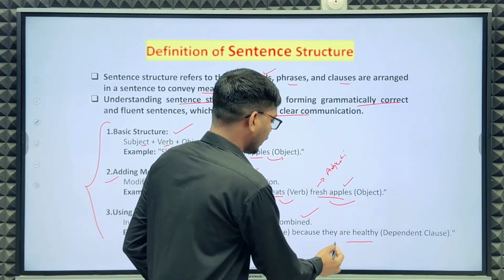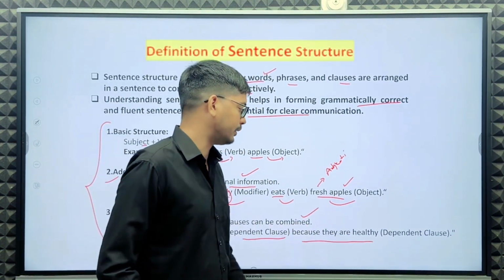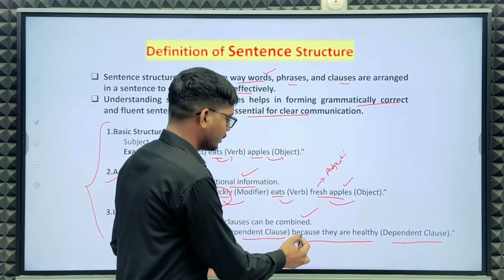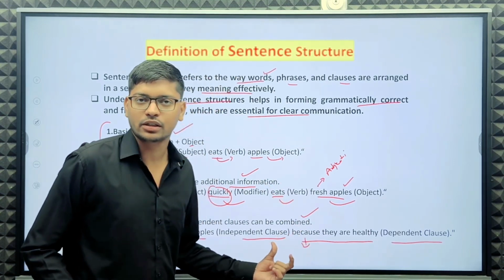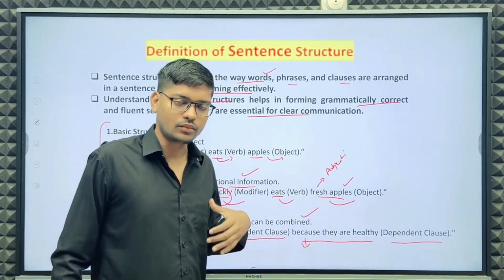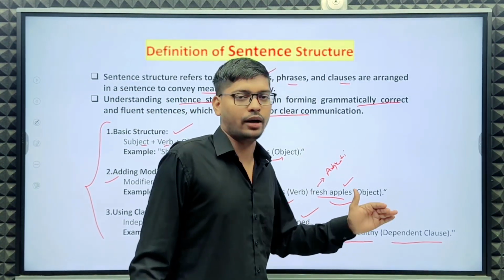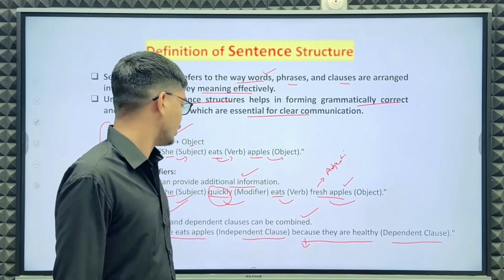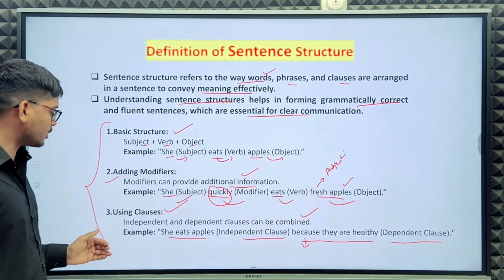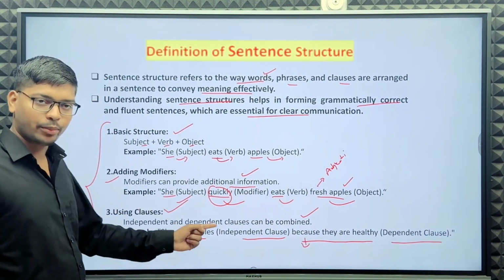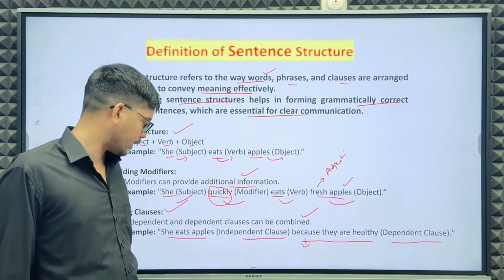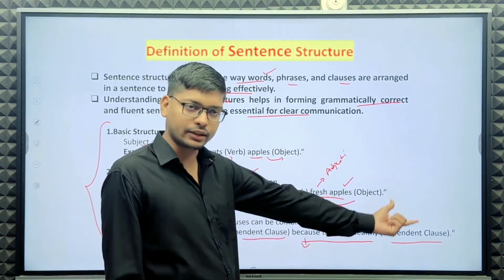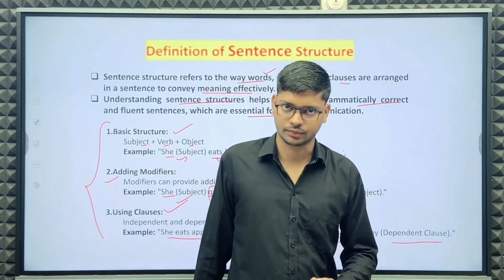Because they are healthy is a dependent clause. Because is a conjunction here, and it refers to a reason. So she eats apples is an independent clause, and because they are healthy is a dependent clause.